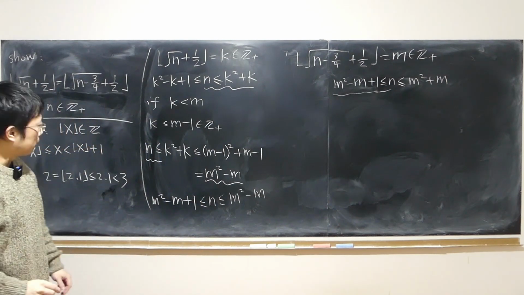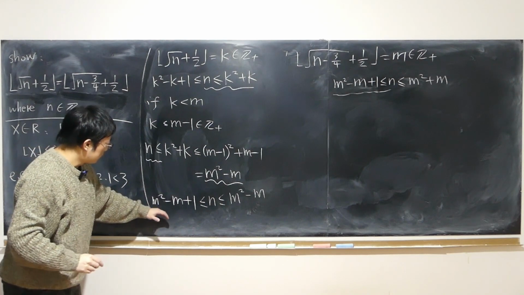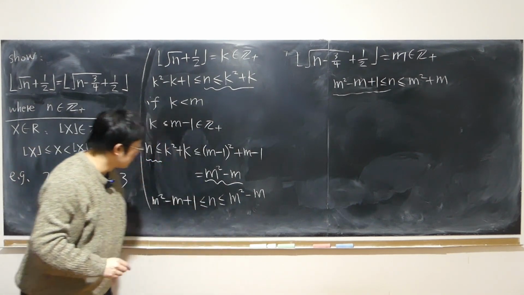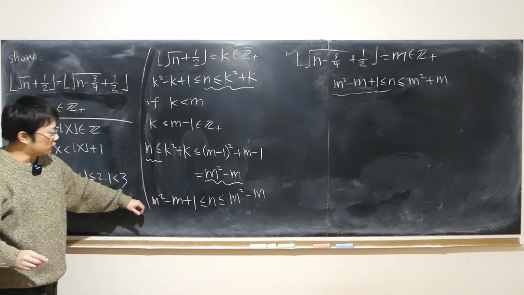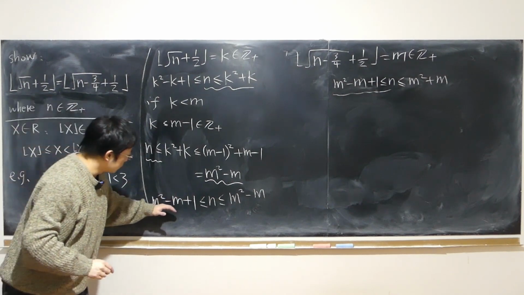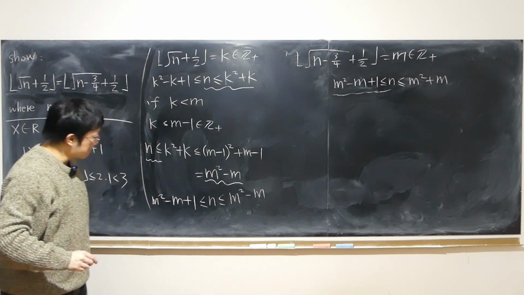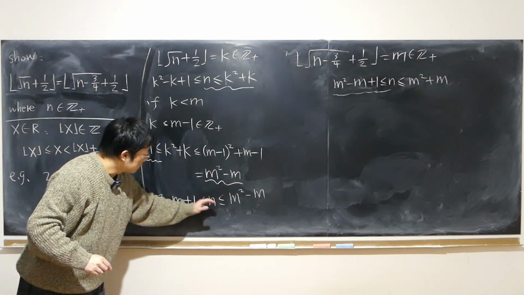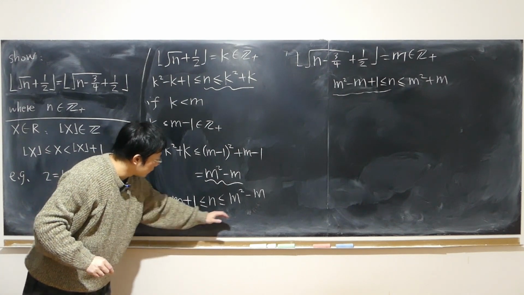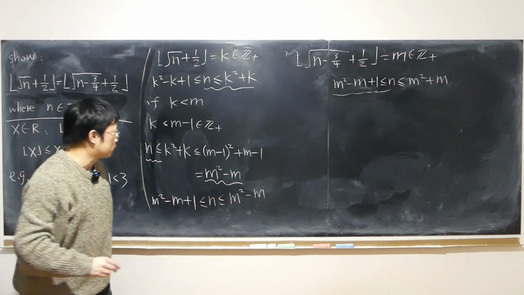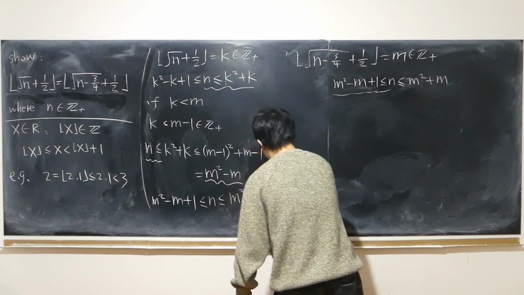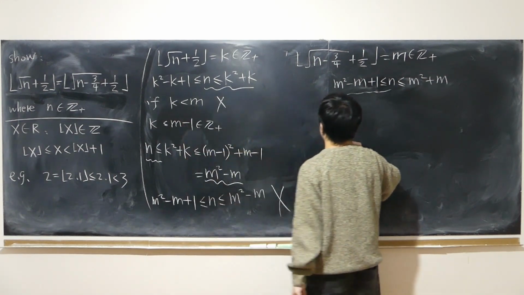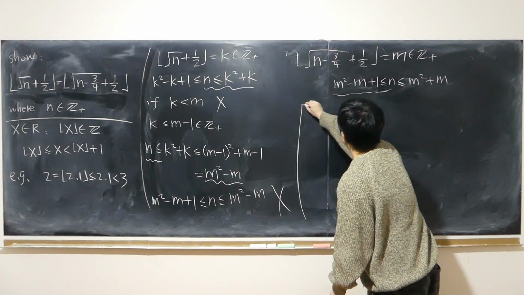That's already troublesome, because this bound is exactly 1 unit bigger than the right-hand side. For example, this 9, that is 8. How can some positive integer be greater than or equal to 9 and at the same time less than or equal to 8? Not possible. So k cannot be less than m.